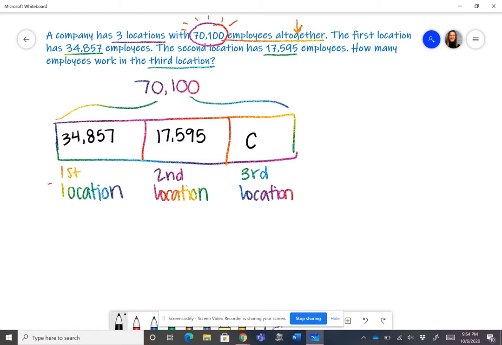Okay. So now what am I going to do with this information? What information do I have? Well, I know that I have my total amount. What else do I know?